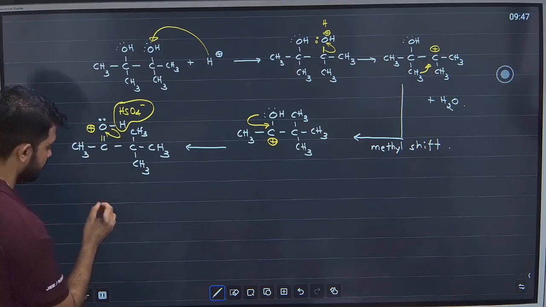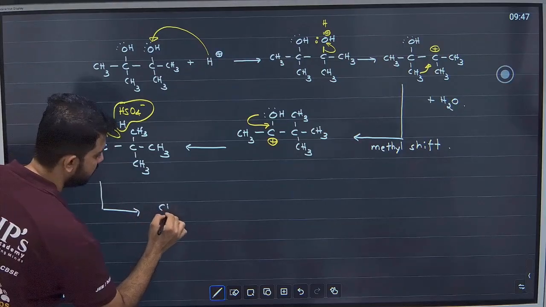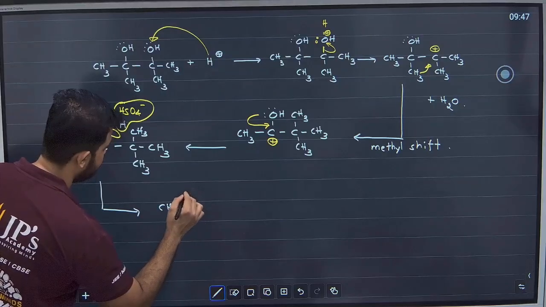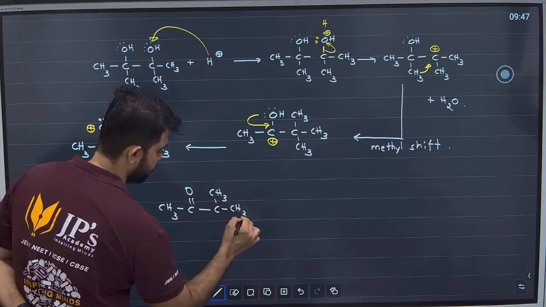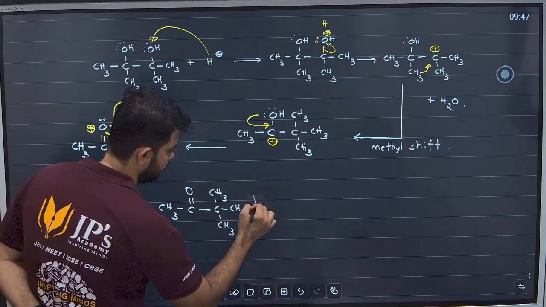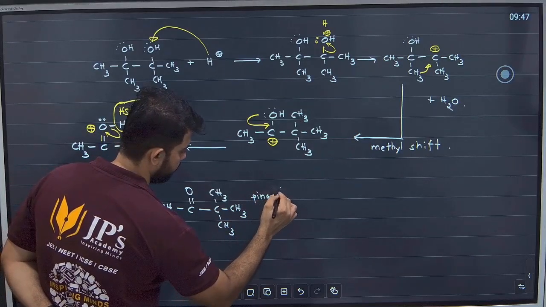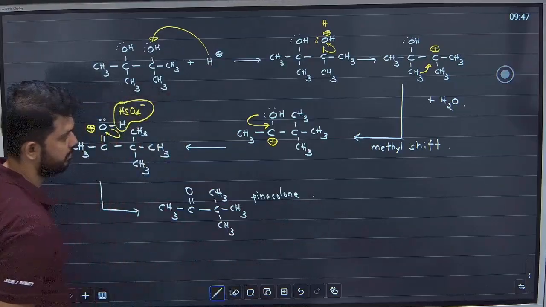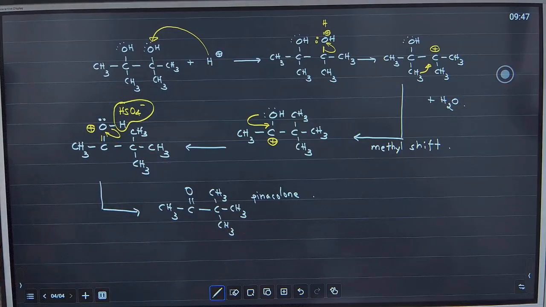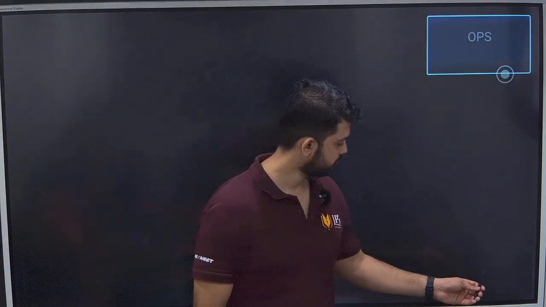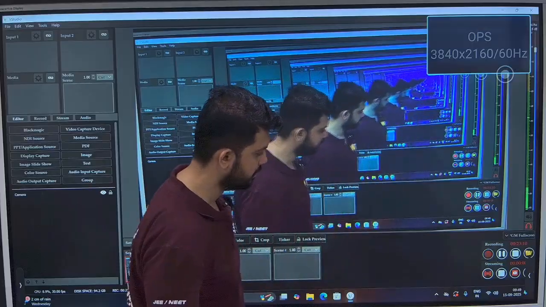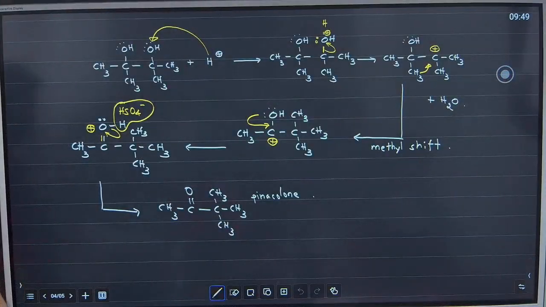Oxygen will get back its lone pairs and we get our pinacolone. This reaction is known as pinacol-pinacolone rearrangement. So this is, people, pinacol-pinacolone rearrangement.